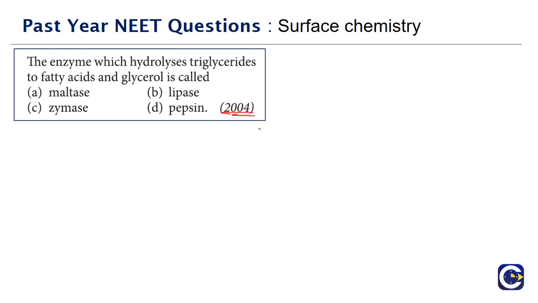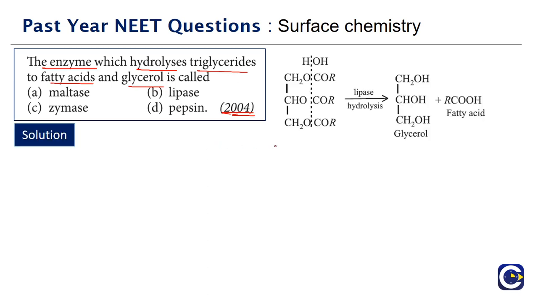Next we have a question that has come in the year 2004 related to enzymes. The enzyme which hydrolyzes triglycerides to fatty acids and glycerol. So we need to find out the enzyme that will be able to hydrolyze triglycerides into fatty acids and glycerol. Triglycerides basically will have the structure like this, where on hydrolysis it will give us the fatty acids, long chain carboxylic acids, and glycerol.